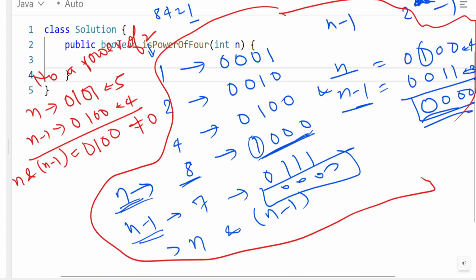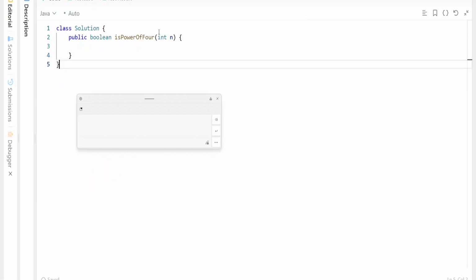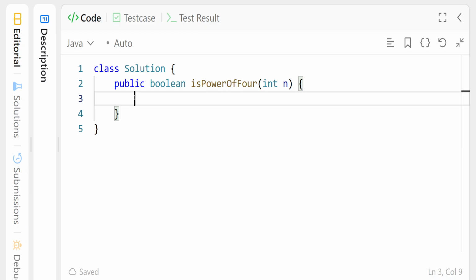I hope you understand. So it is easy to say that the power of 4 must be a power of 2, and for that we have seen that n must be greater than 0, and if n AND n minus 1 gives the result equal to 0, it is a power of 2.